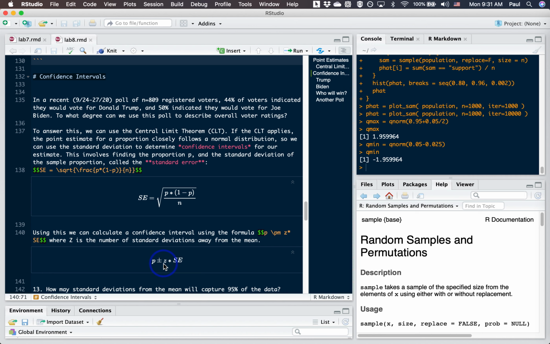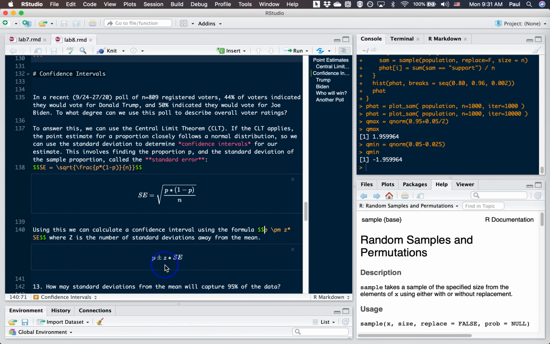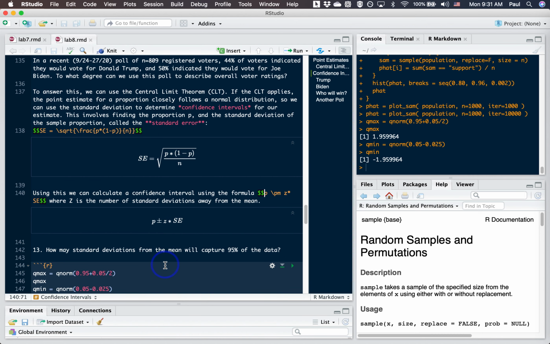So if we want to know how much of the potential range of voter ratings we cover, we can adjust this value of z. Here we'll see an example. What if we want to cover 90% of the possible data? If we want to have 90% of all this normal distribution, we can use this function qnorm, which finds the quantile.